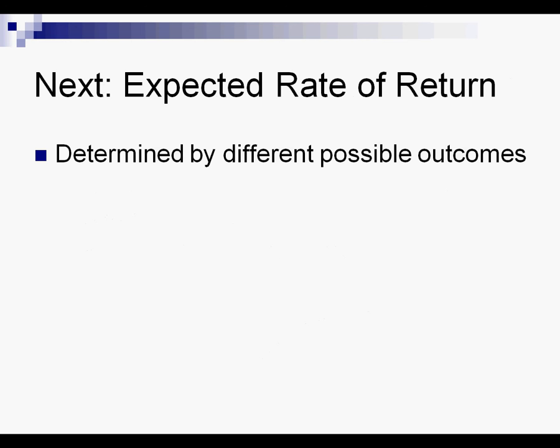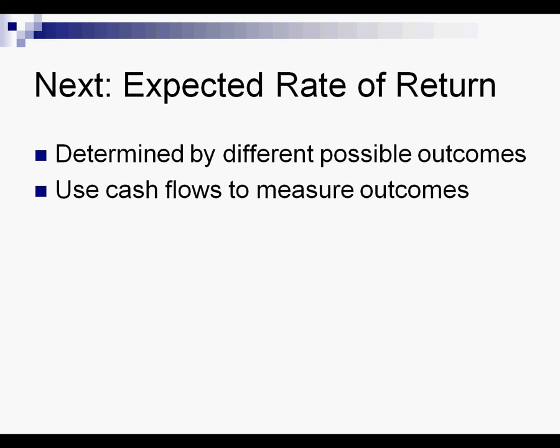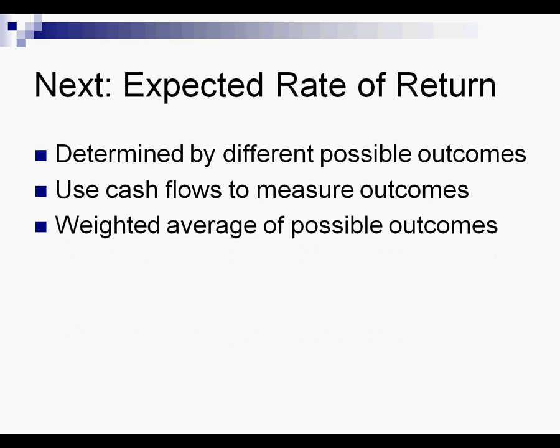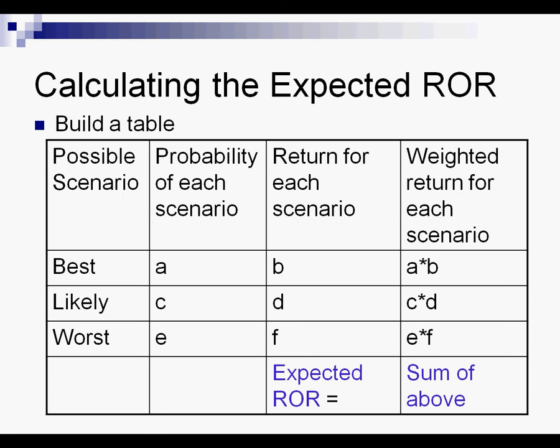Expected rate of return. This is determined by figuring out what the different possible outcomes are, determining the percentage chance of each one of those happening, and then calculating the weighted average of all of those possible outcomes. You of course use cash flows to do this, and I'm showing you on the screen now an expected rate of return chart.